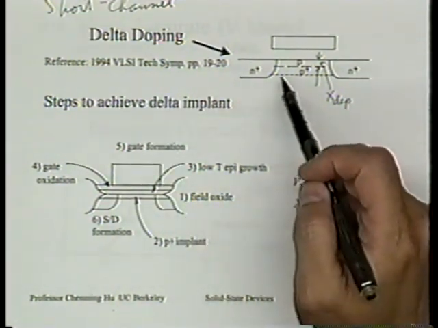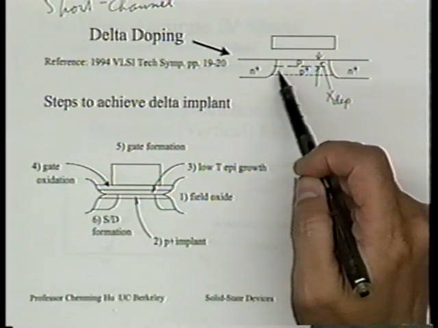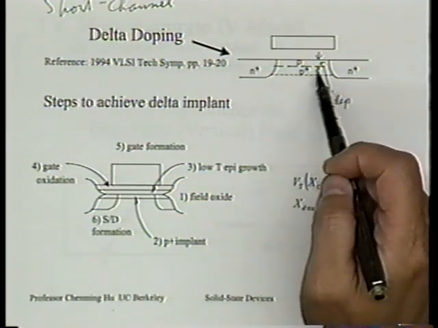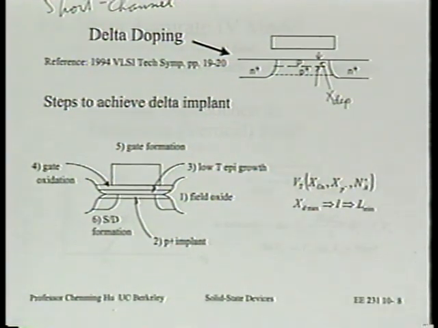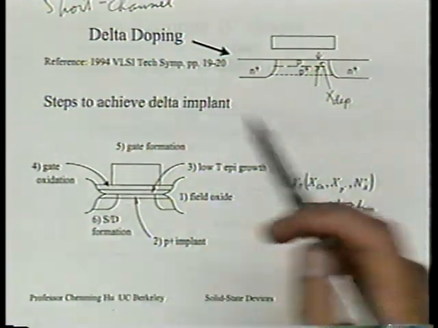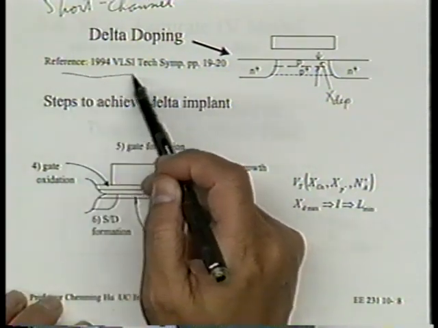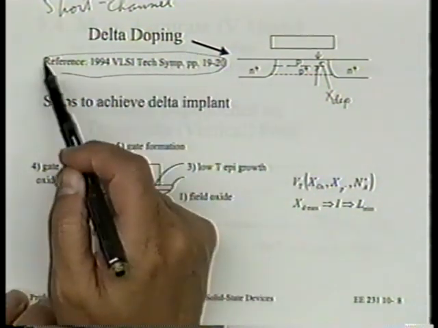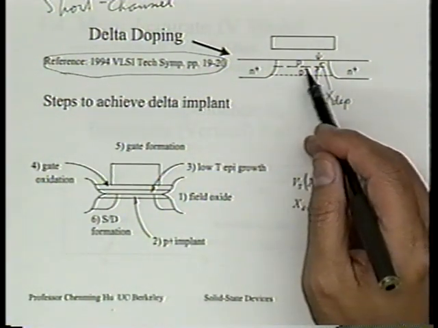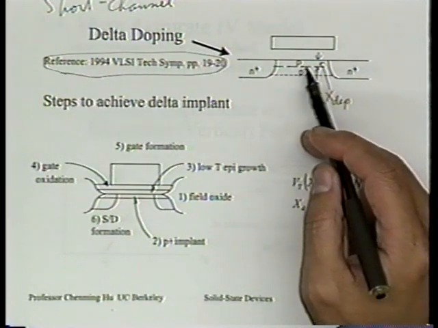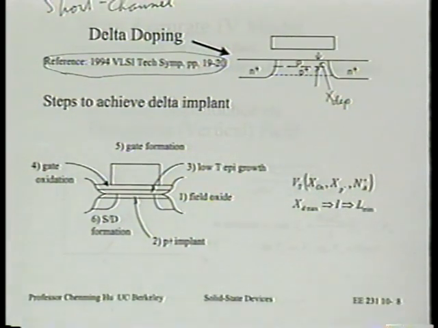What they mean is that they just use ion implantation to create a very heavily doped P plus layer below the surface. And this is done with a very special technique, and you should read the reference in the handout volume 2, and you will see how that's done. It's not just straightforward implantation, it's actually implantation plus a low temperature epitaxial growth, so that they get a very sharp transition from P plus to P, and then they can keep the lightly doped P region very shallow, very thin.